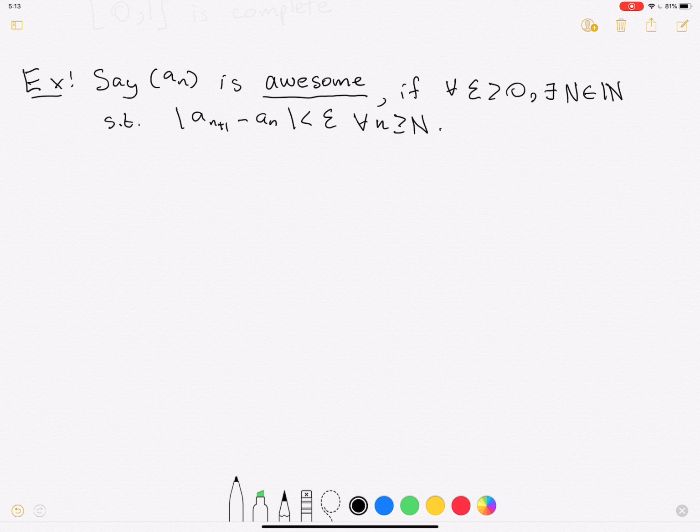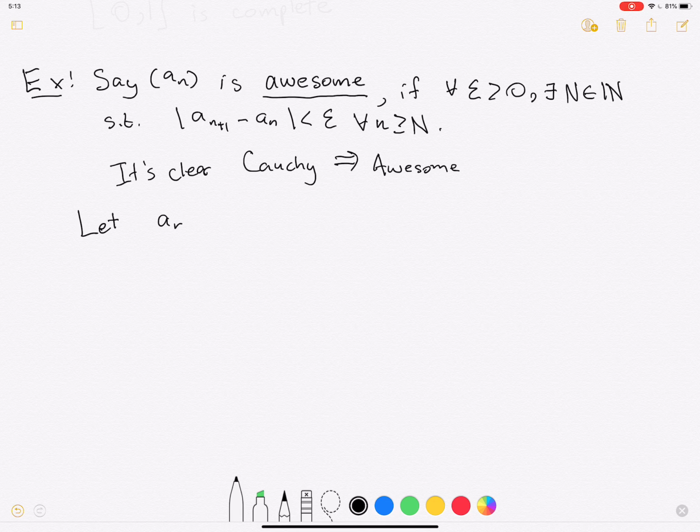First off, it's clear that any Cauchy sequence is awesome, because if you just sub in m equals n plus 1 in the Cauchy definition, you get the statement above. So let's look at some sequences which are awesome.